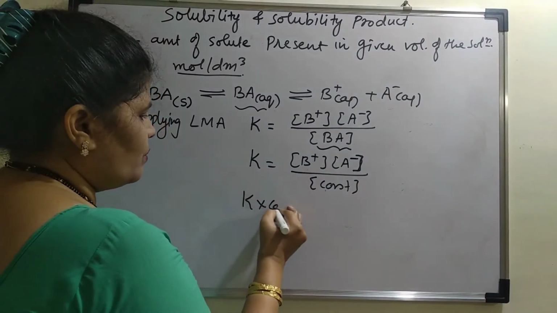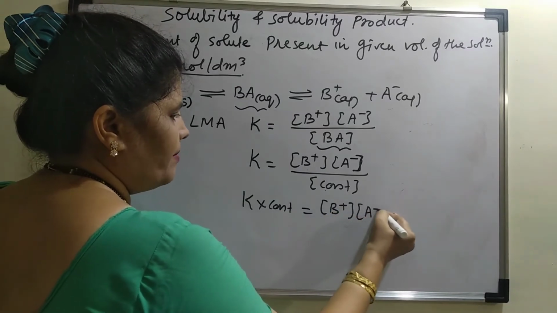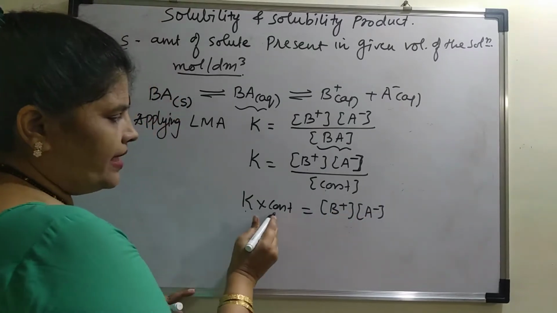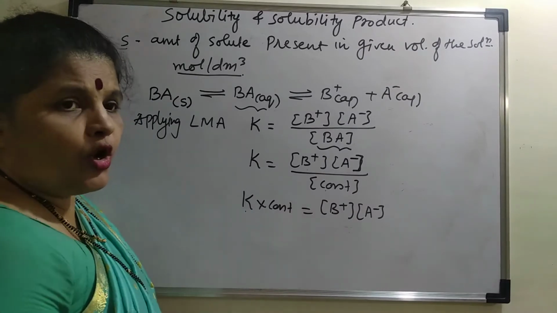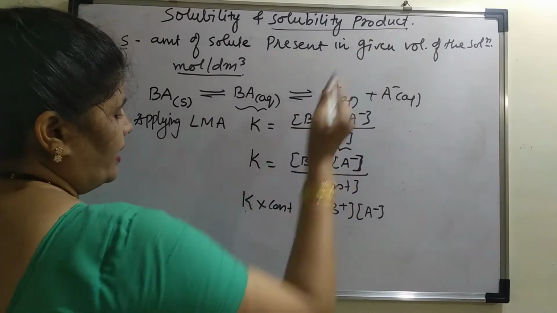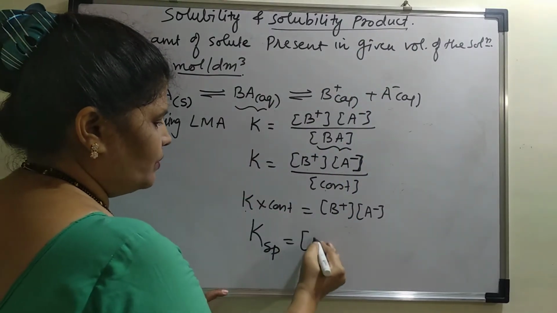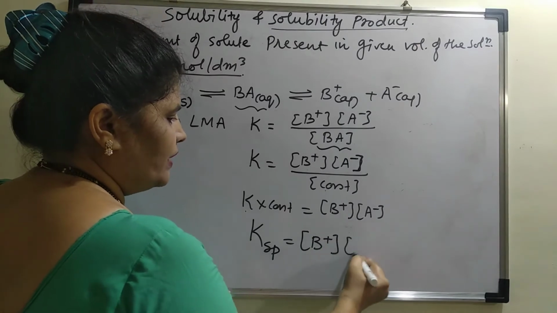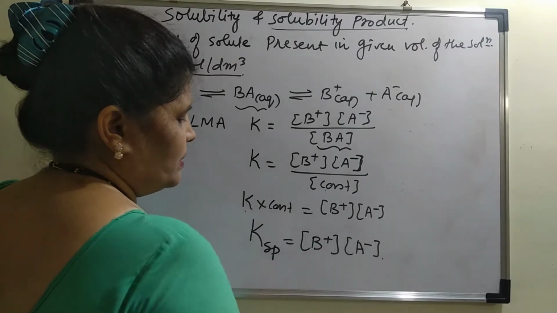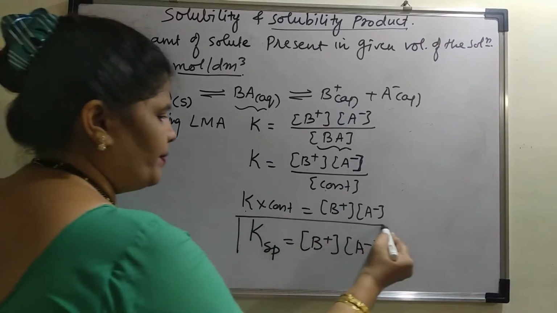So K into constant is B plus and A minus, right? Constant into a constant will give me a new constant. So what will be that? As we are studying solubility product, K solubility product is equal to the active mass of the two ionic substances, what is there in the solution. So this is what is solubility product.